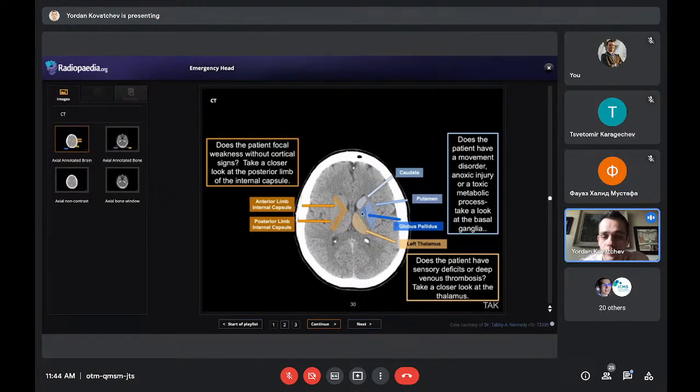Here are the globus pallidus, the putamen, and the head of the caudate nucleus. But even if you don't remember exactly right now which one is which, just try to remember that here are the basal ganglia, and they're really important because they will be affected first when we have ischemic stroke, and the thalamus on the left side, on both sides, the left one and the right one.